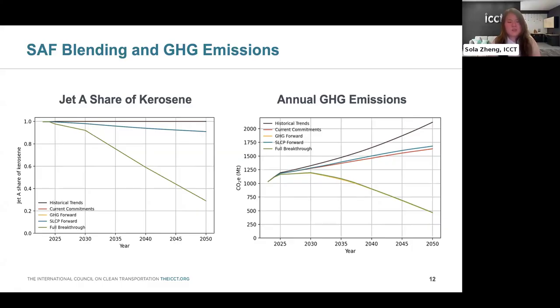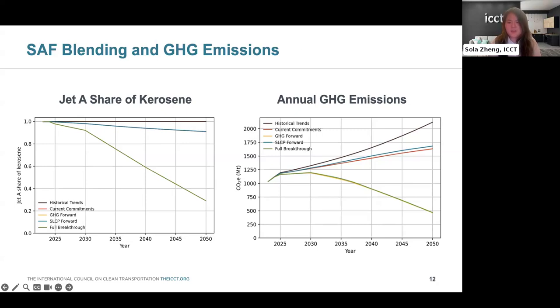And then we also model a much more optimistic scenario of 70% SAF blending in 2050. We did not go to 100% blending because of how the current uptake of SAF has been rather slow, and we're not on track to achieve that ambitious of a level of SAF blending.